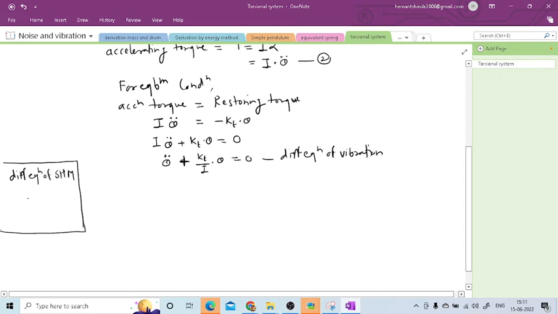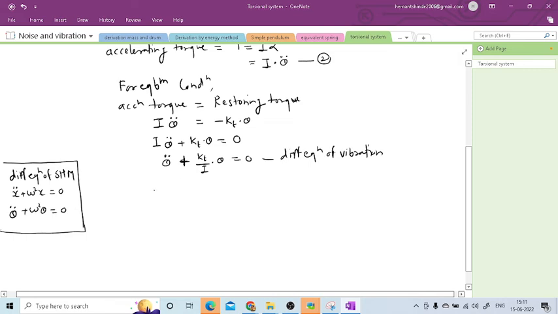What is this equation? It is x double dot plus omega square x is equal to 0. But here we have a torsional system, meaning an angular system, so convert this into the torsional system. Instead of x, write theta, so theta double dot plus omega square theta equal to 0. Now compare. Here we have theta double dot, theta double dot; theta, theta; 0, 0.